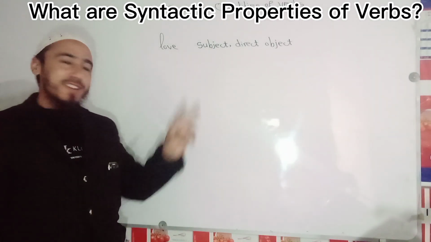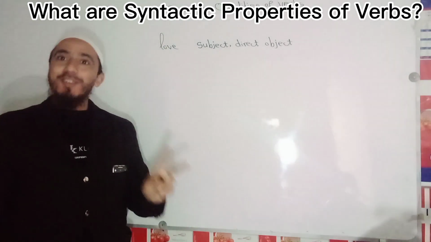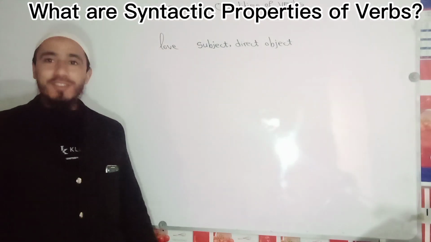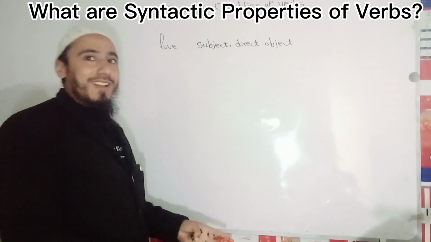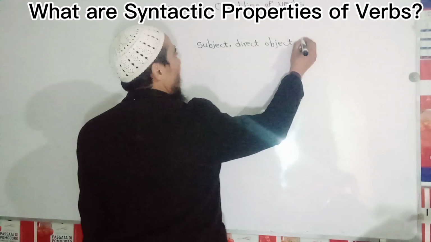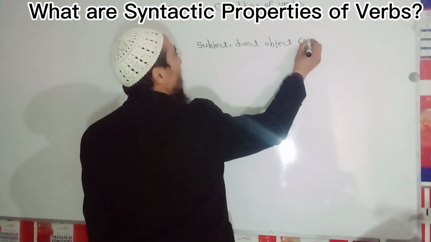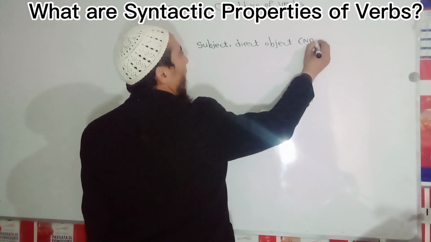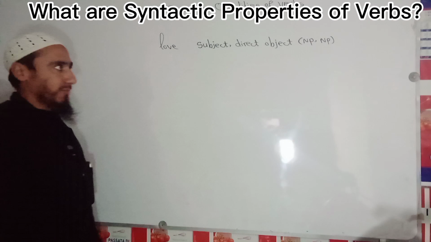There are two properties, two arguments, you may say. So two properties or two arguments for this word which is love. Now, if I'm taking it in symbol form, I can write it here like: for the verb we have one NP and also another NP. So here we have two NPs.